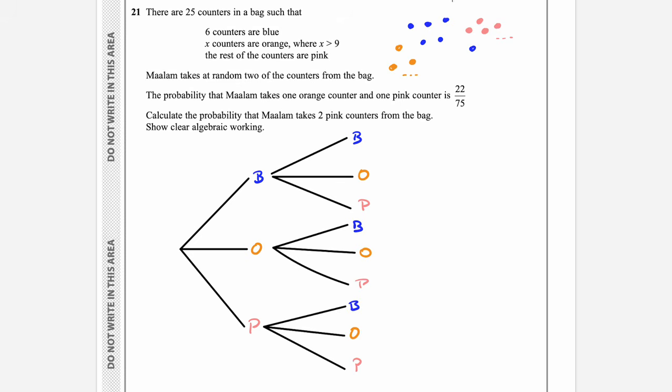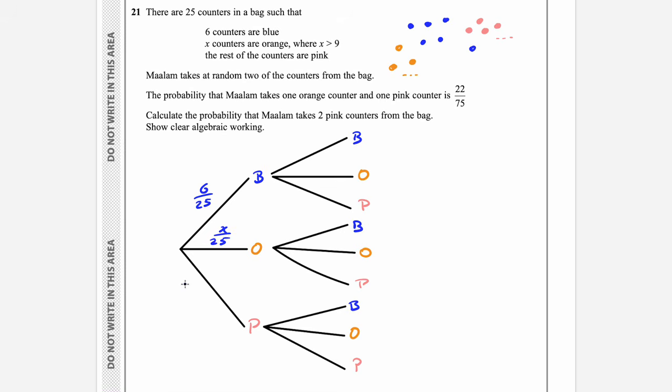Okay, probability. So there are 25 in the bag. So probably we get blue is 6 out of 25. Orange is X, so we're going to do X out of 25.